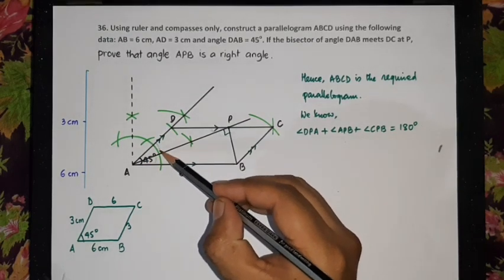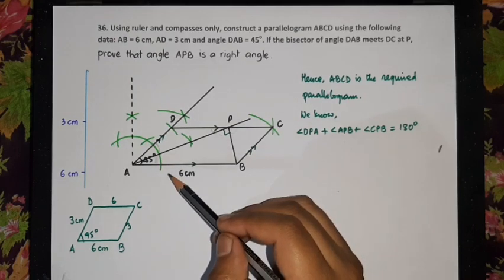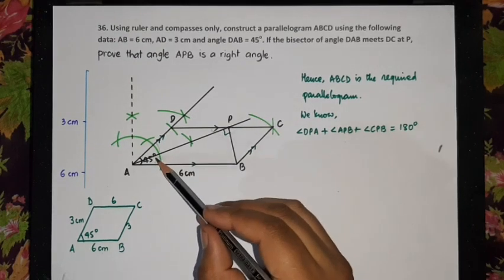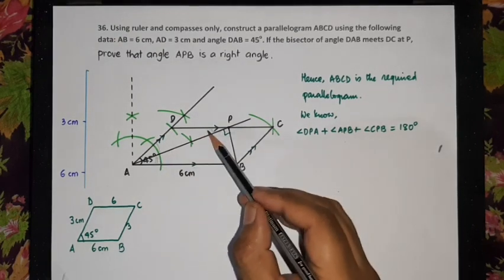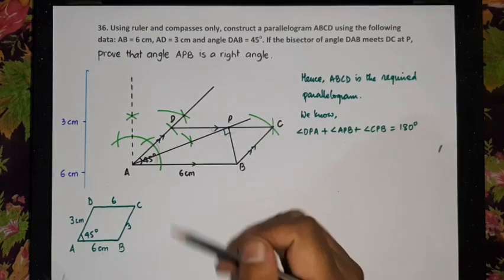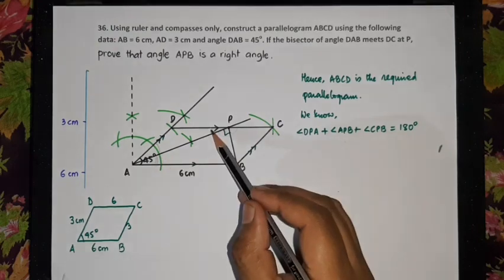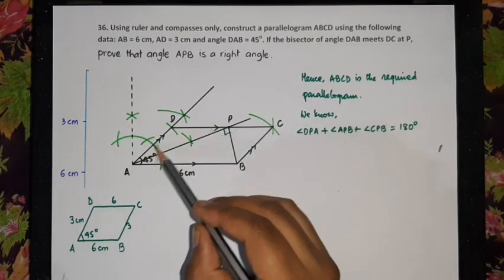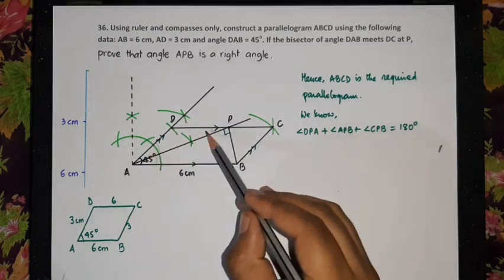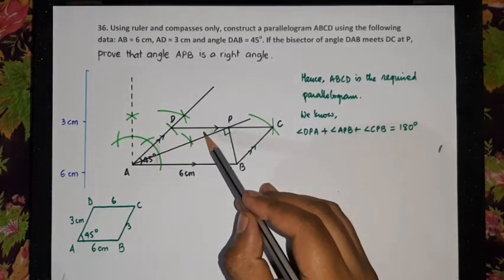So this is also 22 and a half, this is also 22 and a half. Now as I said, this one and this one are alternate angles, right? And what will be the value of both? If this is 22 and a half, this is also going to be 22 and a half. Yes. Now if you see this triangle, what am I having?